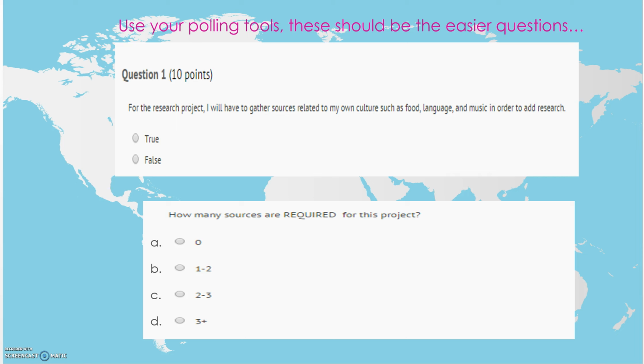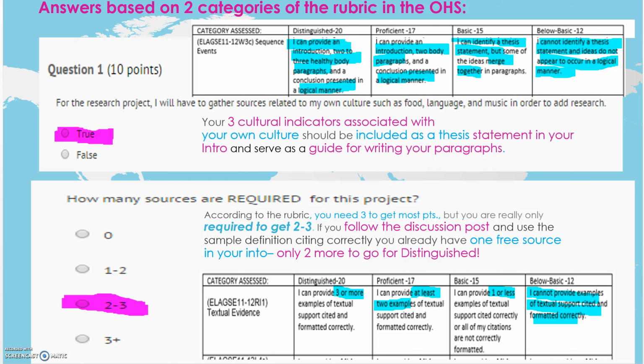If you go back and look at your guide to this project, you can find the rubric. The rubric will show you exactly what is required. It says that your 3 cultural indicators associated with your own culture should be included in your thesis statement, a statement in your intro, and serve as a guide for writing your paragraphs, okay?